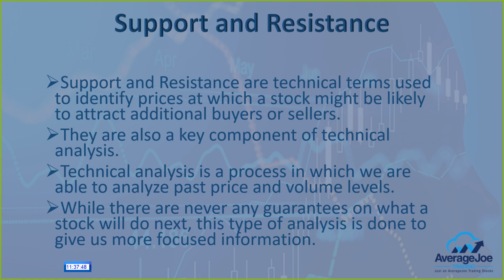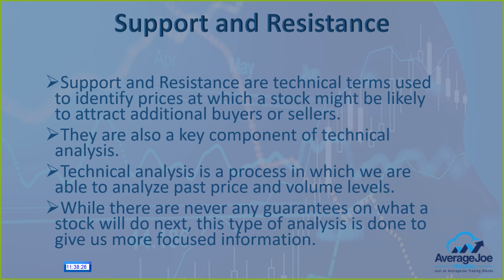So support and resistance are technical terms, and we use these in trading to identify prices that a stock will most likely be attracted to or reverse at. So you're gonna have buyers or sellers sitting there, and they are a key component of technical analysis. Technical analysis is a process in which we are able to analyze past price and volume levels.